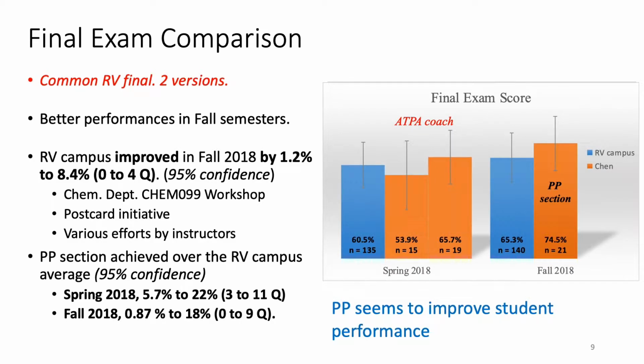Because the department implemented other things to help improve student performance, how can I parse that out from what I'm trying? So I compare my class, the problem set sections, to the campus-wide result. My section did better on average by about 5 problems compared to the campus.